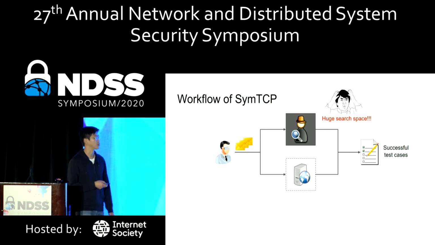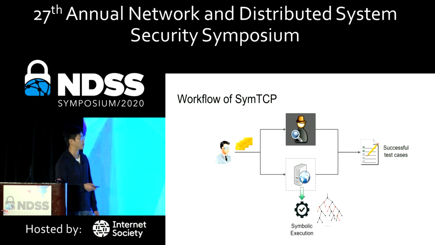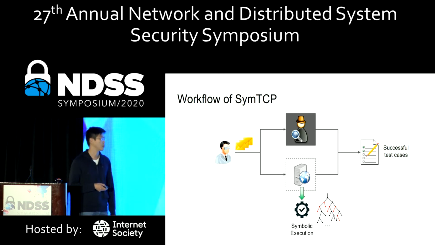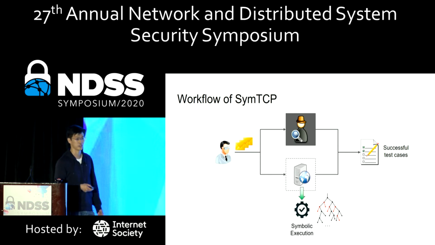Our solution is to use the server as a reference model, and we feed the server's TCP implementation to symbolic execution. Symbolic execution will automatically explore all execution paths, including those extremely hard to find corner cases, and it can generate concrete inputs for each execution path.